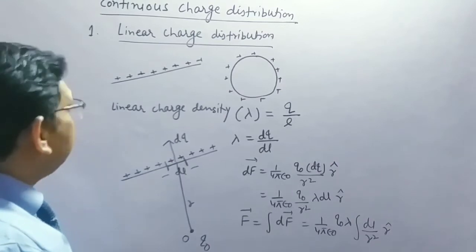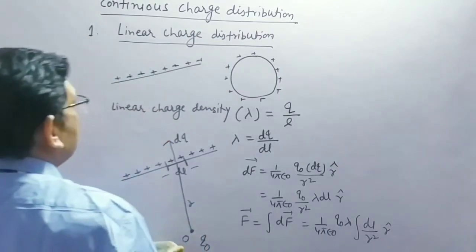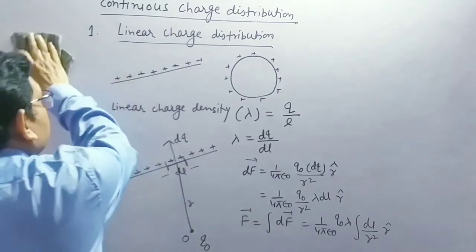Now we have surface charge distribution. So number 2 is surface charge distribution.